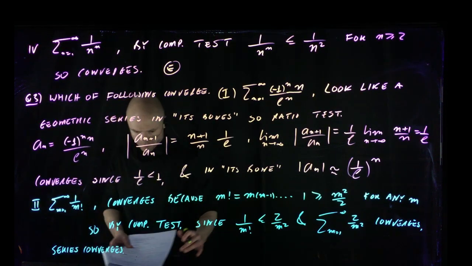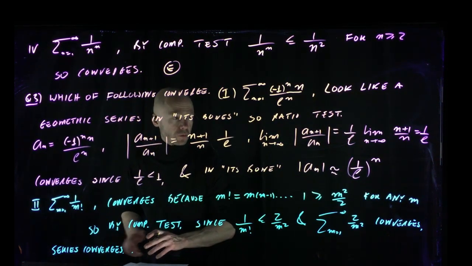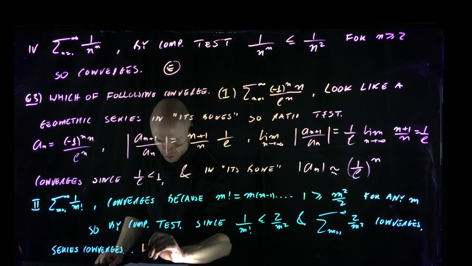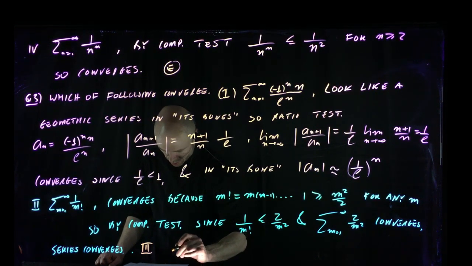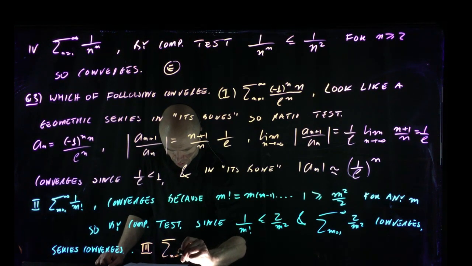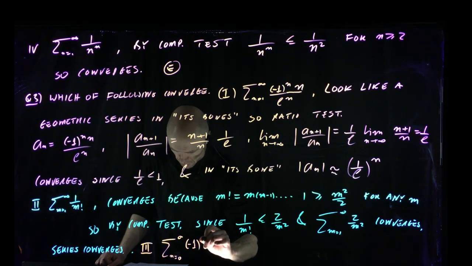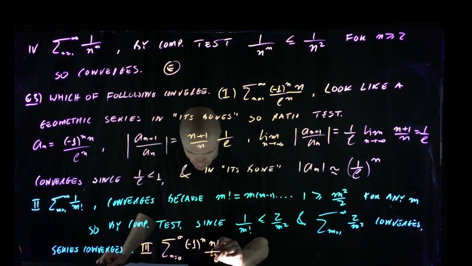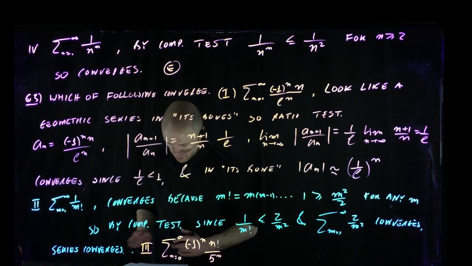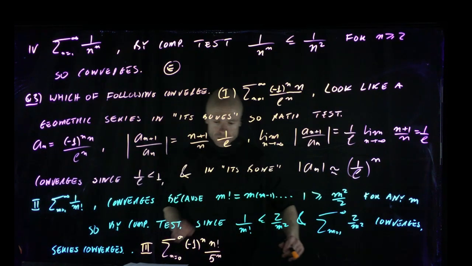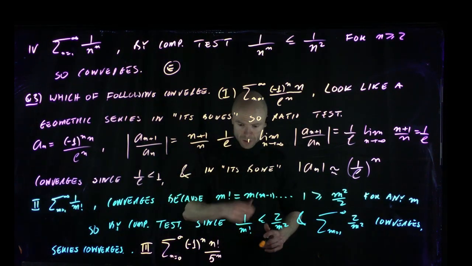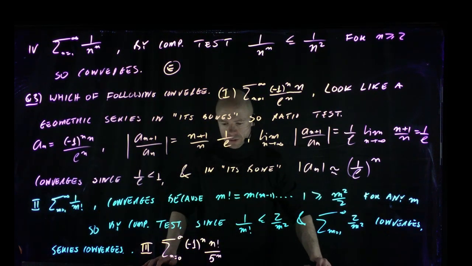Next guy. Running out of space. Let's see if we can squeeze in this guy, III. This guy is the sum from n equals 0 to infinity of (-1)^n n factorial over 5 to the n. Okay. All right. So if you look at this guy, let's just try and identify what is happening.